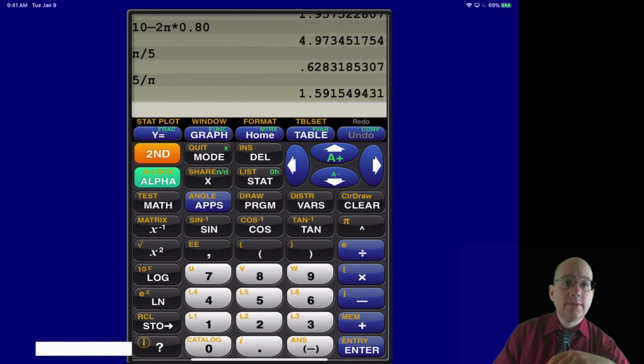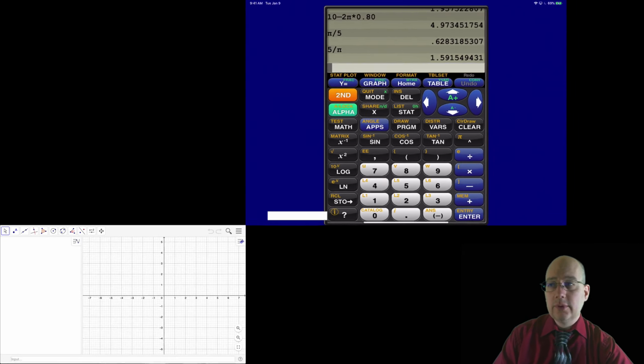All right, so that's that. Now, of course, you can also do all these things over in GeoGebra.